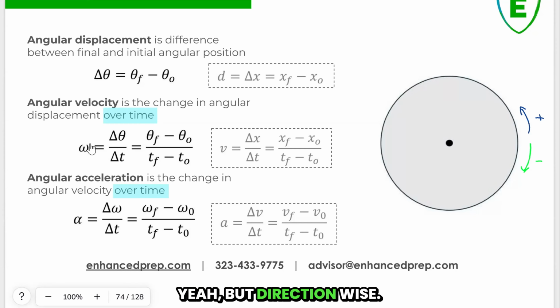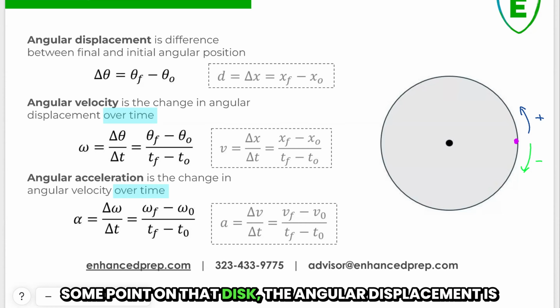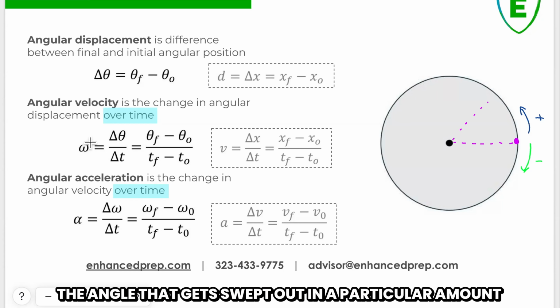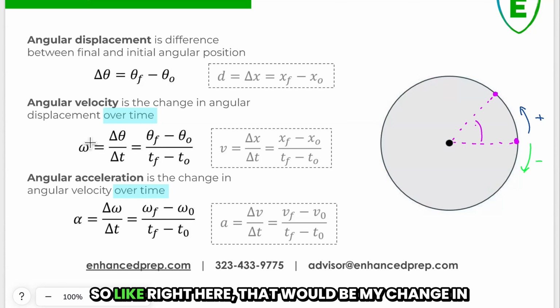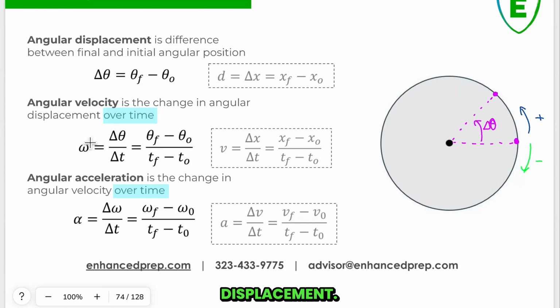Yeah, but direction-wise, if this is a whole disk and I focus on some point on that disk, the angular displacement is the angle that gets swept out in a particular amount of time. So like right here, that would be my angular displacement.